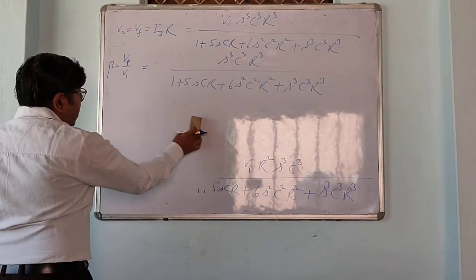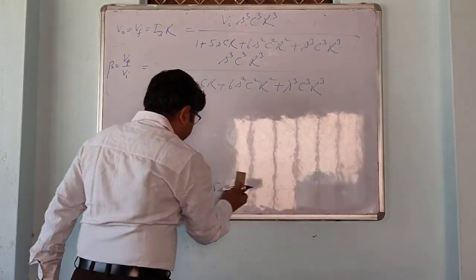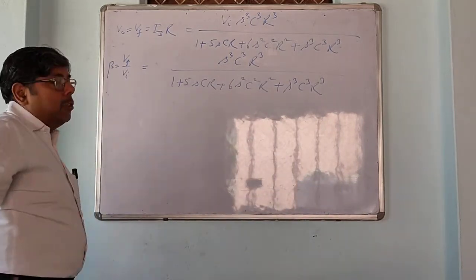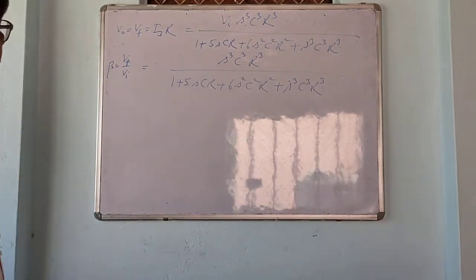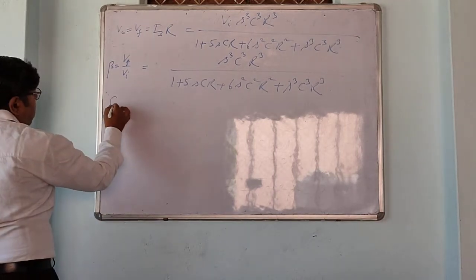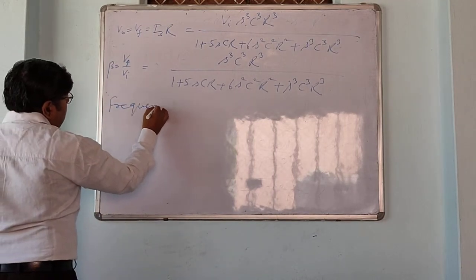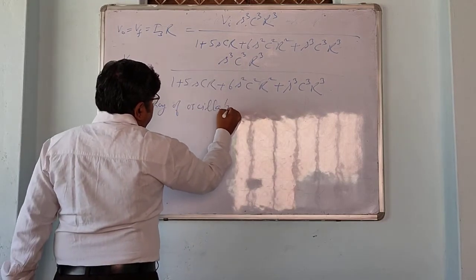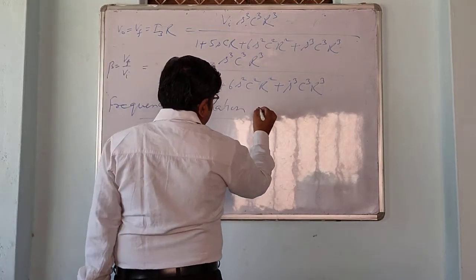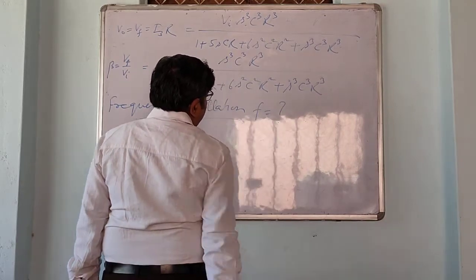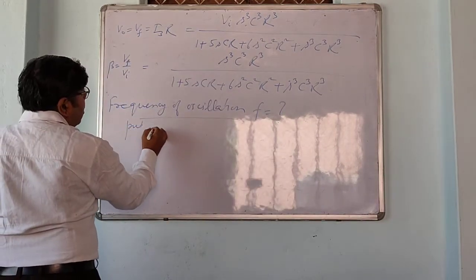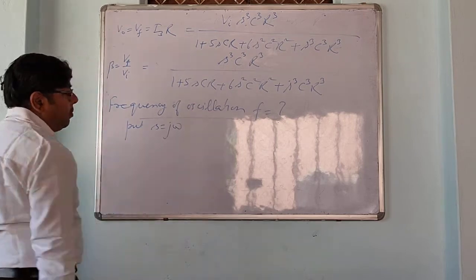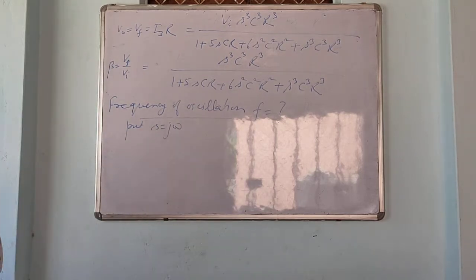Now from here we have to calculate the frequency of oscillation. To calculate the frequency of oscillation, put S equals j omega in the above expression.